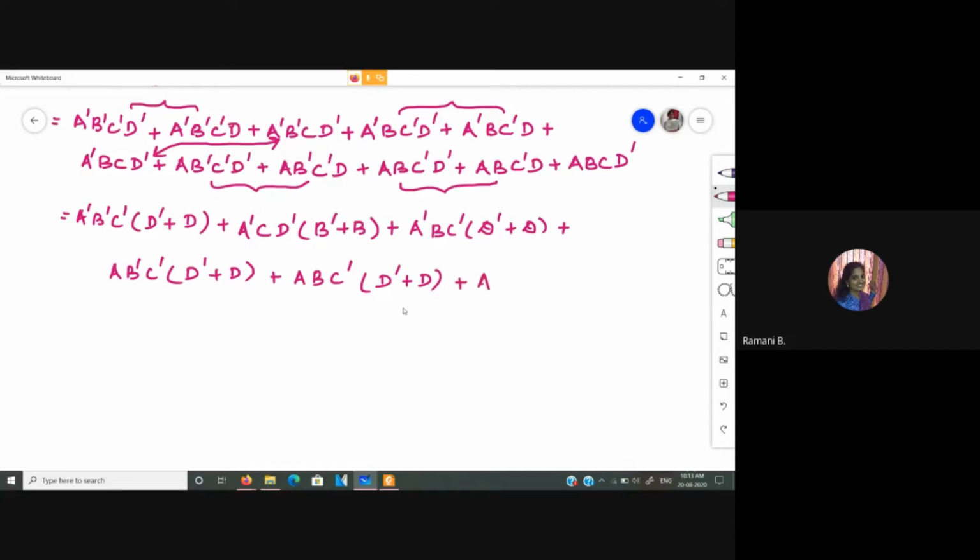For now, let us have this A B C D bar as such. Or actually, you can try writing this as, we know x plus x is equal to x, I can repeat this particular term, A B C bar D bar. And with that, I can have this to be A B D bar into C bar plus C. Okay.